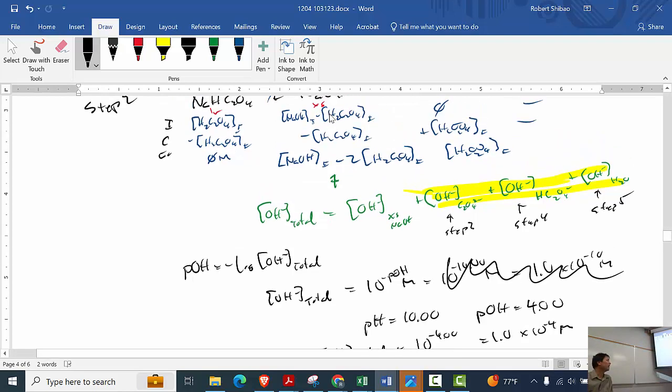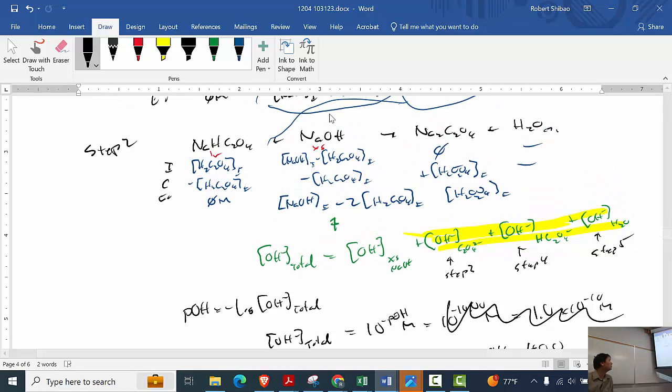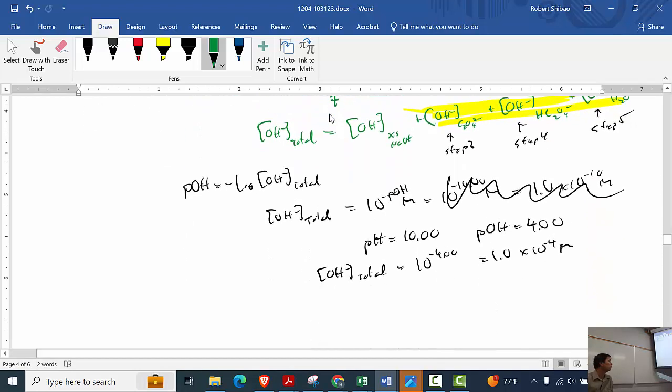And so we're going to assume that comes from this. And so we're going to call this the total hydroxide here. So what that means is this is equal to the initial sodium hydroxide minus 2 times the initial oxalic acid in the reaction mixture.